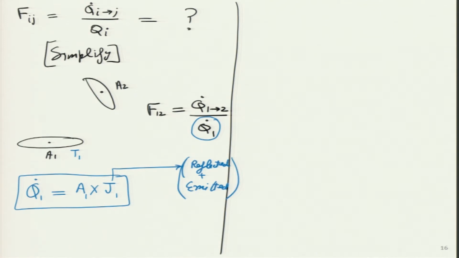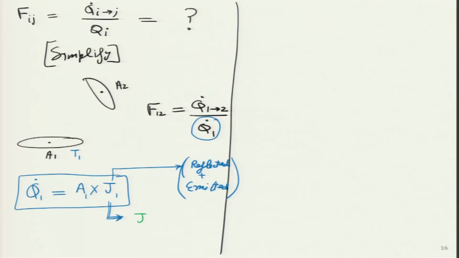So, the denominator is clear to me, and further, can I write J1 as a function of intensity? If you remember, if we make the diffuse emission, diffuse reflection assumption, then we can write J as a function of I through the solid angle: pi multiplied by I. So, this is another expression that I can write here.